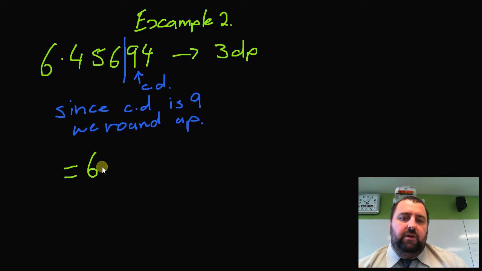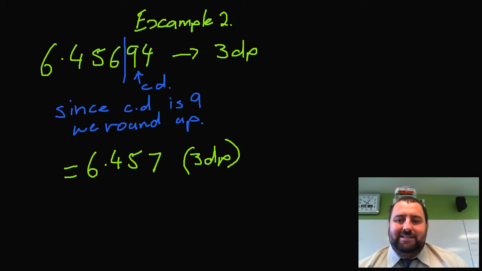So here we have 6.45, and the 6 is going to change to a 7. So we have rounded this off to 3dp. I am going to show you guys one more example, and basically that is what happens if the last number is a 9. So let's look at example 3.